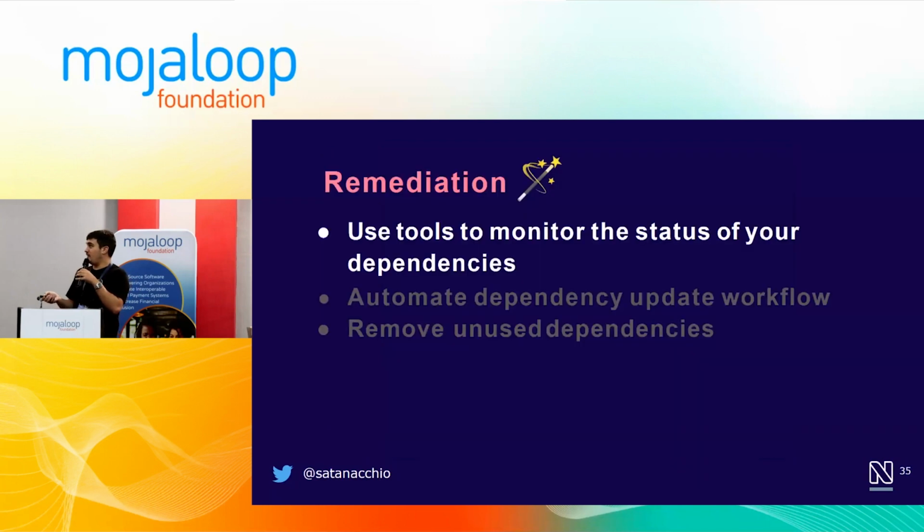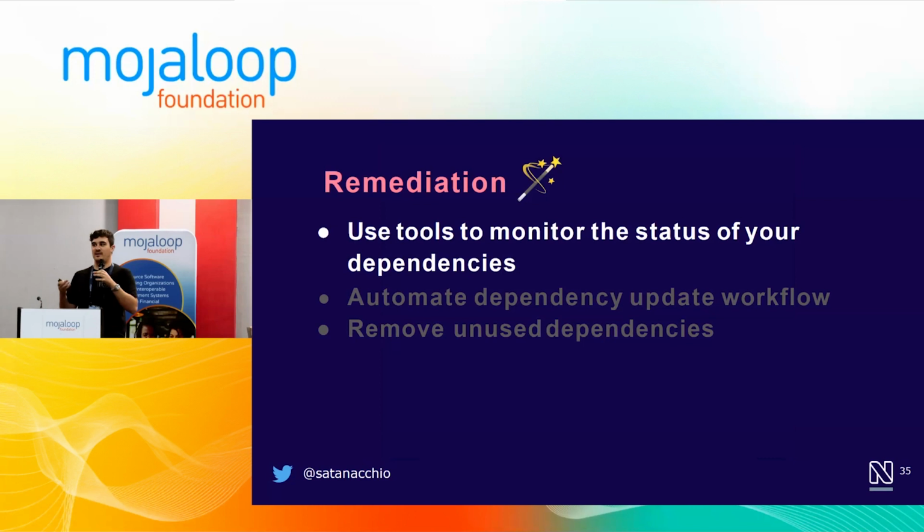So always use a tool to monitor the status of your dependencies. It's very important to have Dependabot, Snyk, whatever tool you use, but use some tool. Don't do it manually. Actually, just as a fun topic, in Node.js, until this year, we didn't have an automated process to update dependencies.